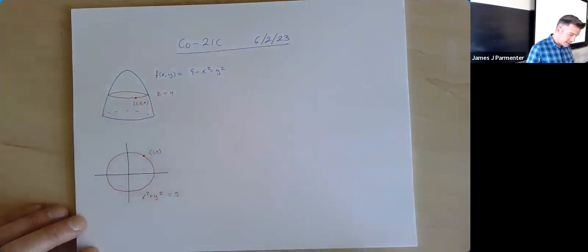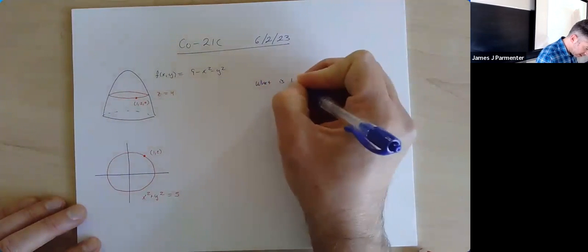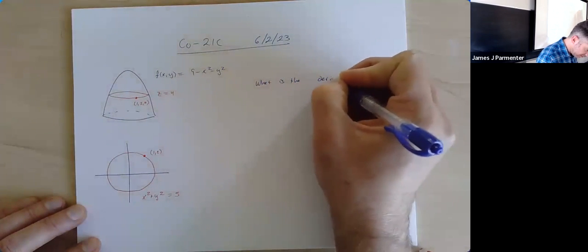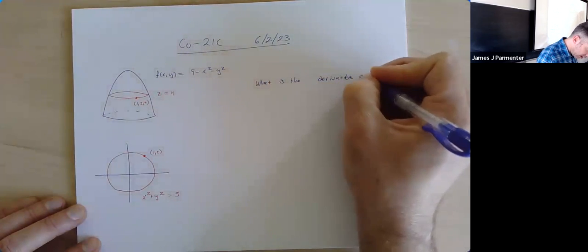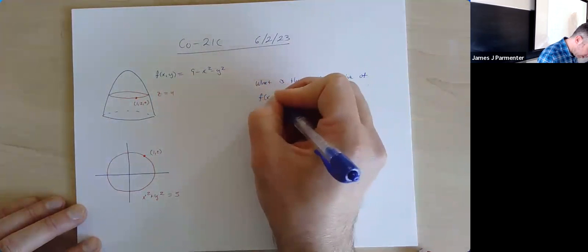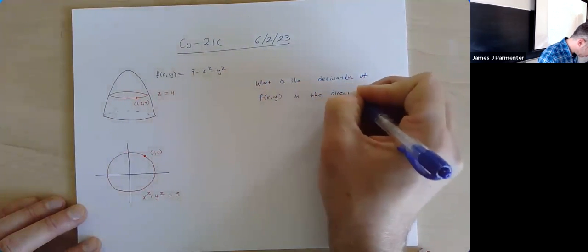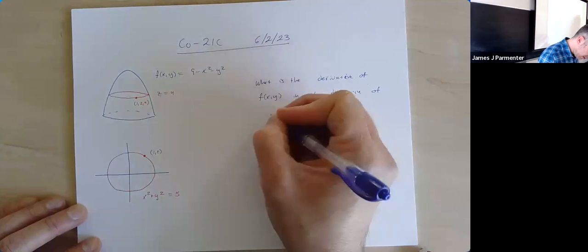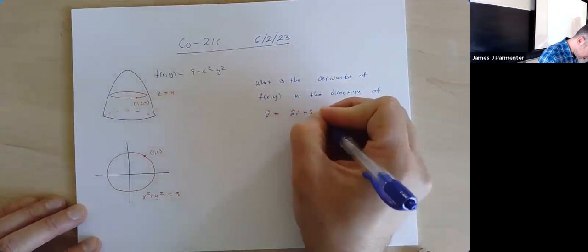So this point is the point (1, 2, 4). This point here on this circle, (1, 2), is on the circle x squared plus y squared equals 5, because we've set z equal to 4 and solved for x squared plus y squared. What we're going to ask is, what is the derivative of the function f of x, y in the direction of v equal to 2i plus 3j?